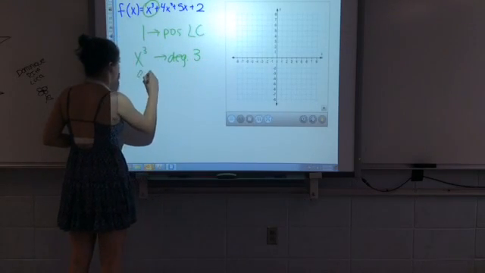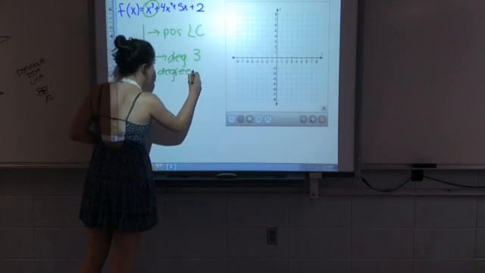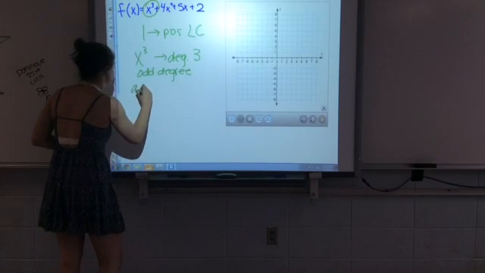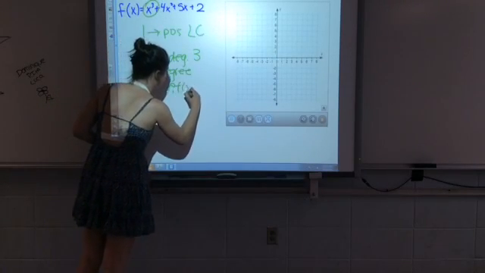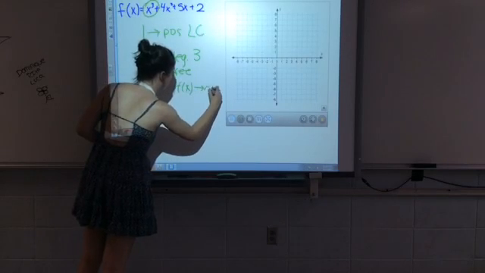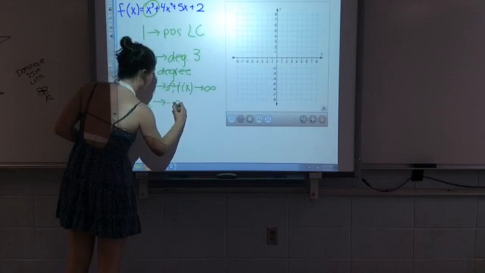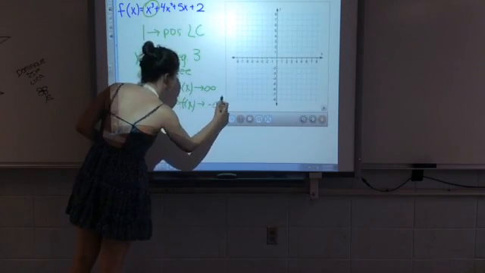This is odd degree, and this tells us that differently from our first example, as x approaches infinity, f of x will approach infinity, but as x approaches negative infinity, f of x this time will also approach negative infinity because it's odd degree.